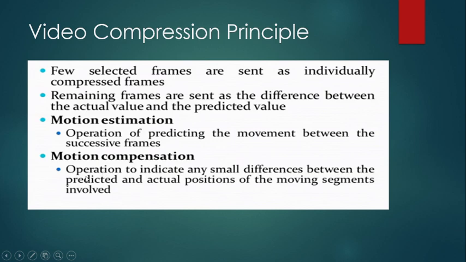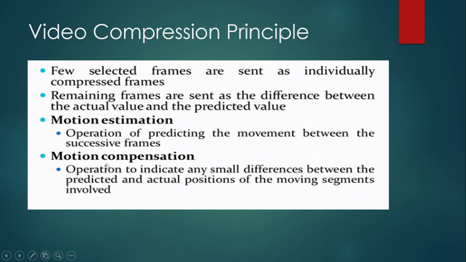So now understand that these two operations are going to take place. Motion estimation is the operation of predicting the movement, what movement has occurred. So in which frame there is a difference. For example, in the example we have seen that the sun has changed its position. So that we have to estimate, we have to predict. That is not going to give an accurate value, it is just an estimation.